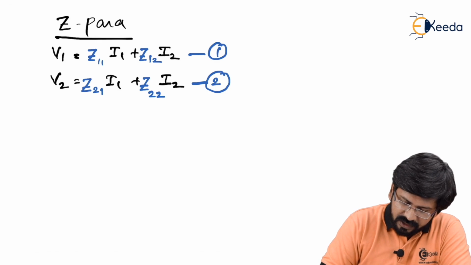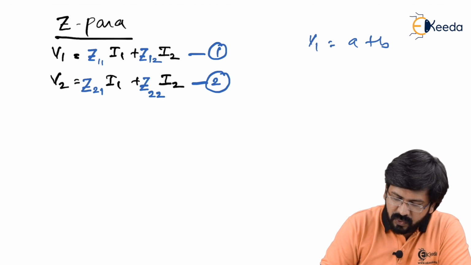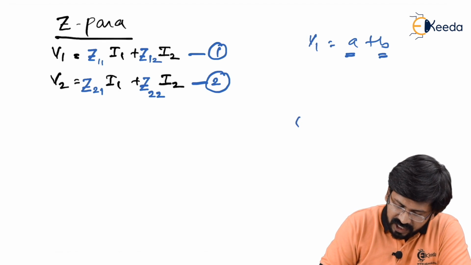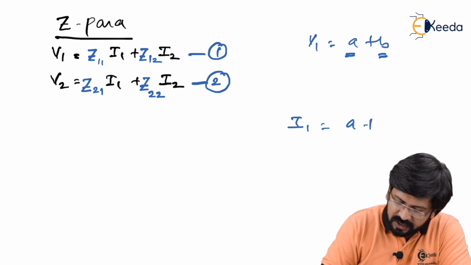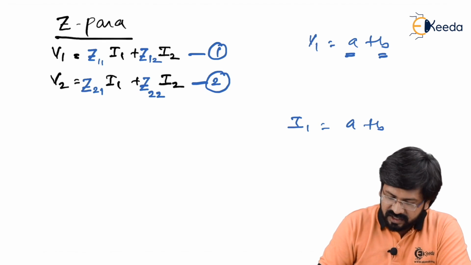When we say V1 is equal to, let's say, A plus B, it means A has to be a voltage and B also has to be a voltage only, right? Whereas if I say I1 is equal to, let's say, A plus B, then A and B have to be currents only.